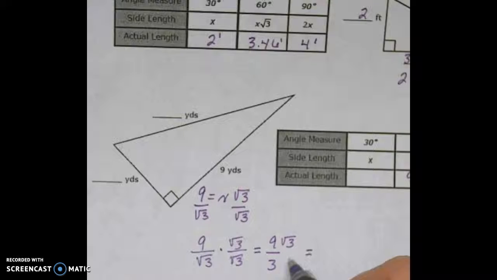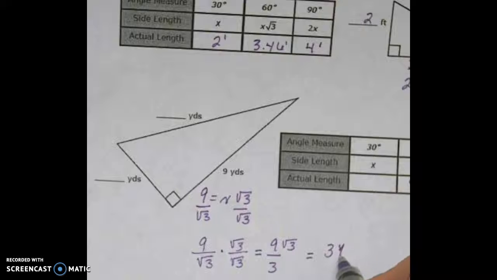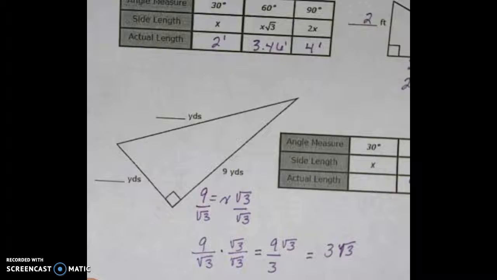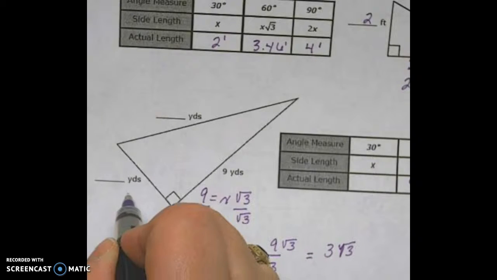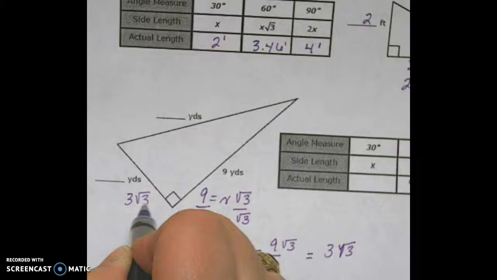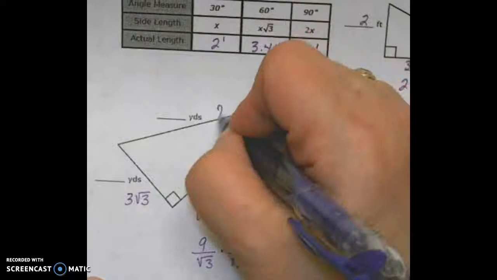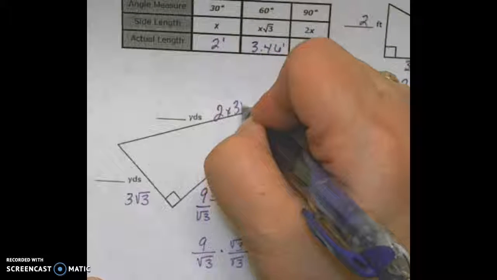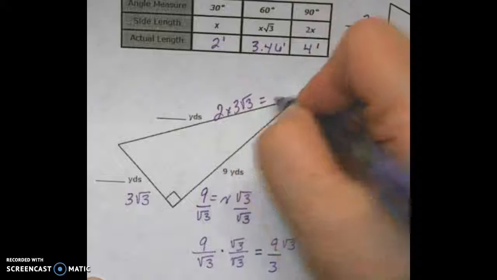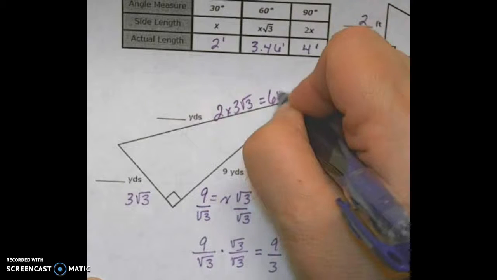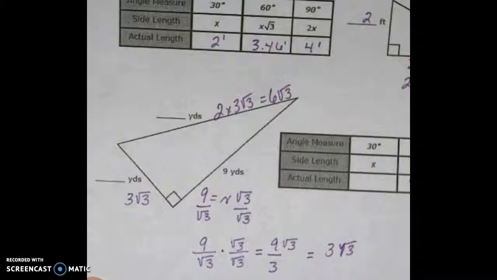So 9/3 square root 3 actually becomes 3 square root 3. So I know the shortest side of this triangle is 3 square root 3 yards. And the hypotenuse is twice as long. 2 times 3 square root 3 gives me 6 square root 3 yards long.